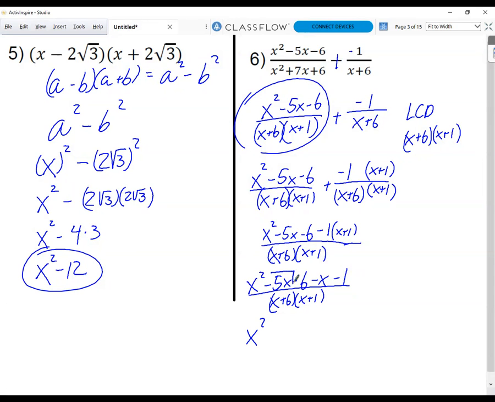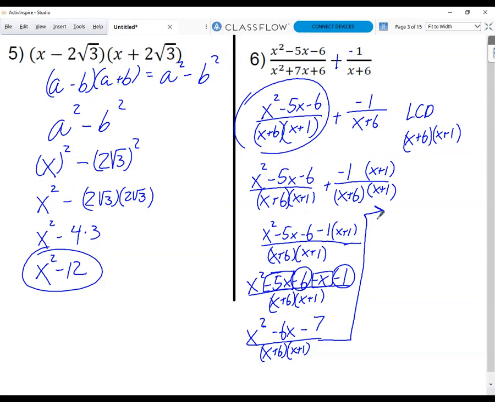And here's our common terms. We have negative 5x minus x. Negative 5x minus x is going to be negative 6x. Negative 6 minus 1 is going to be negative 7 over x plus 6, x plus 1. As is tradition, there's not enough space.